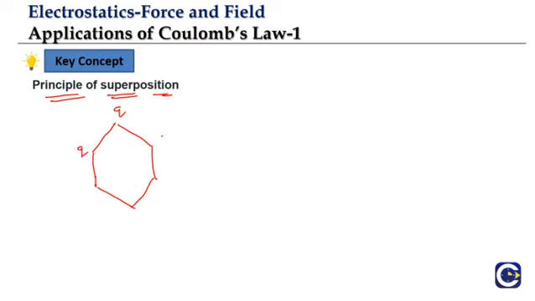At each corner of the regular hexagon, let us say we have a charge q, and at the center of the hexagon we have another charge, capital Q. If we want to find the force acting on the center charge, then the center charge will experience 6 forces.